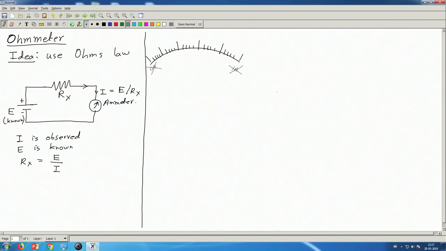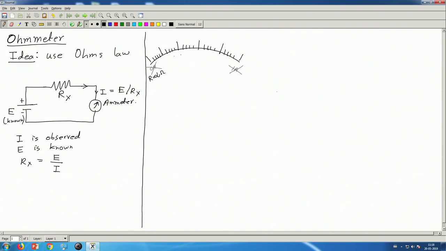So, then no current flows in this circuit. So, I will be 0 when Rx is infinite. So, this side, that means current equal to 0, can be marked as resistance equal to infinite ohm.